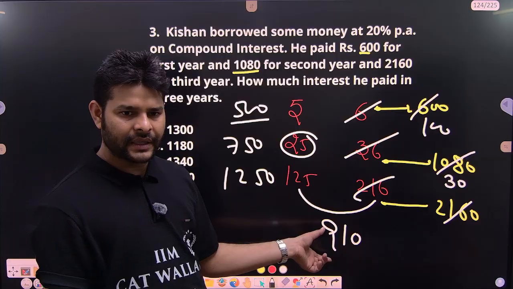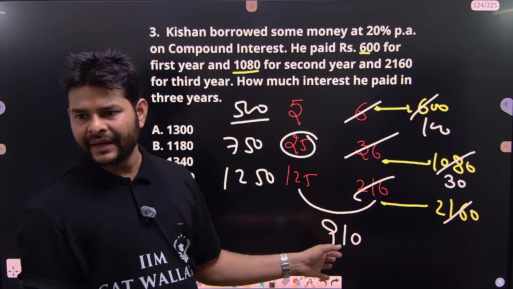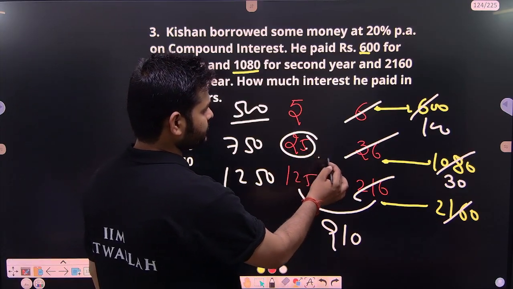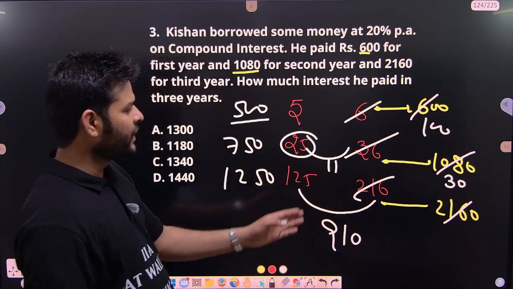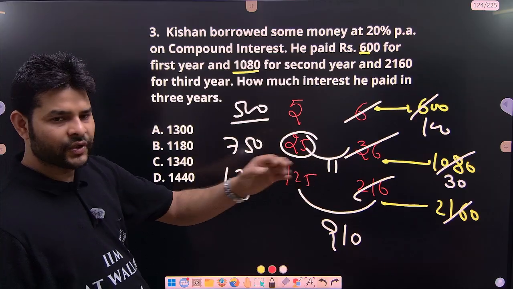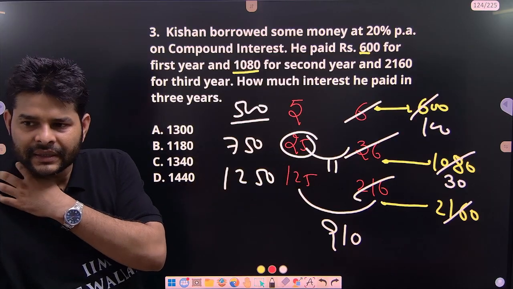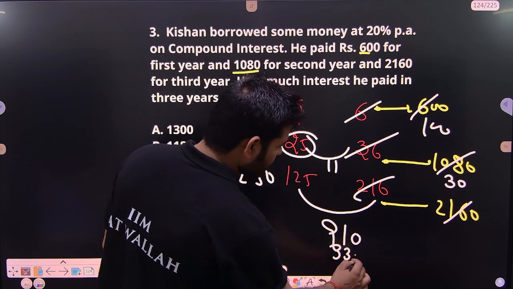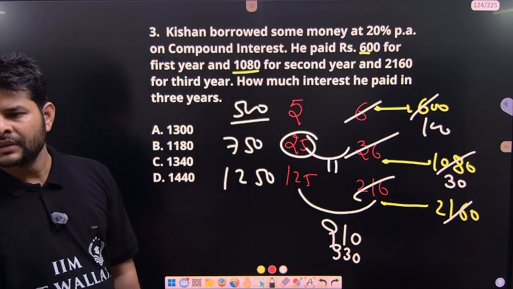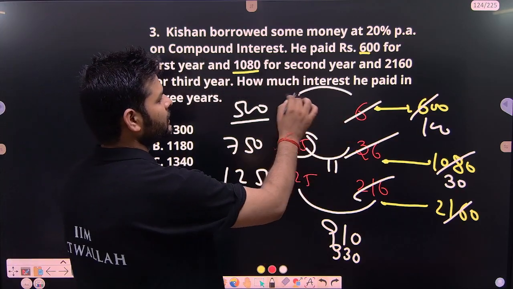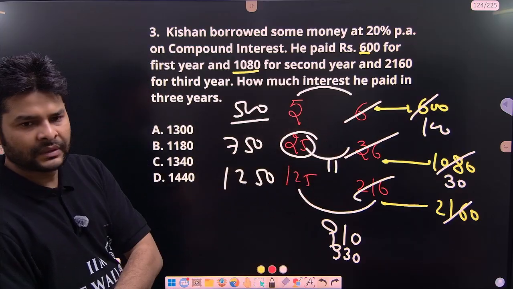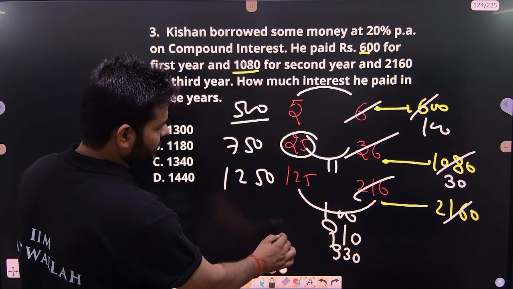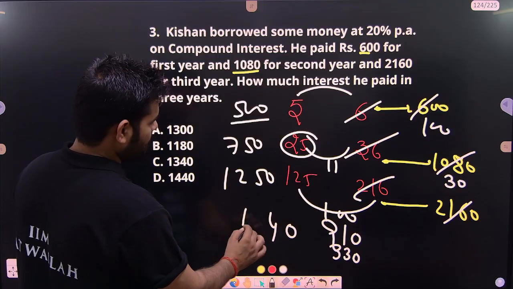So over here he paid 910 as interest. Over here 11, and 1 unit is 30, and 11 units would be 330. And over here 1 unit means 100. So 100 would be more.